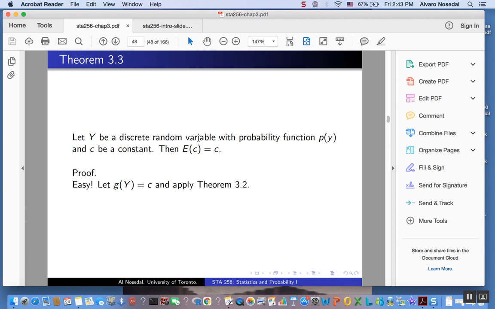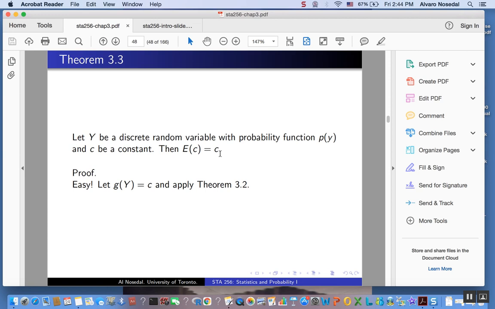We have a discrete random variable with corresponding probability distribution or probability mass function p of y, and c is a constant. What this theorem is telling us is that if you want the expected value of a constant, well, the expected value of a constant is the constant itself.